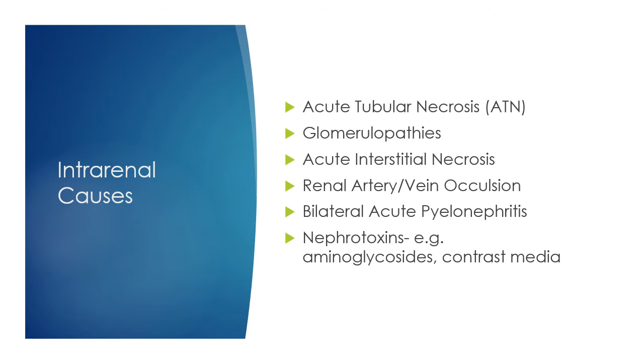Intrarenal causes, as I mentioned, ATN, glomerular nephropathies, acute interstitial necrosis, renal artery or renal vein occlusion, bilateral acute pyelonephritis, and nephrotoxins such as aminoglycosides or that contrast media that we're very much aware of when we are imaging patients.